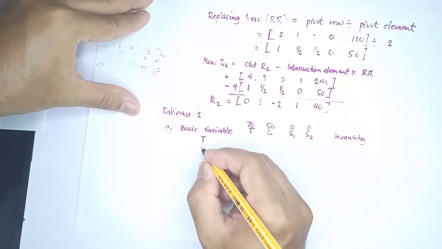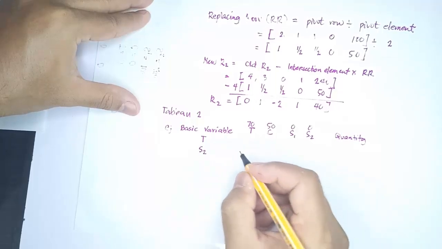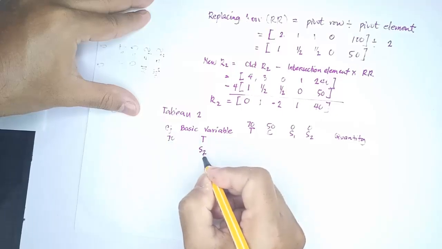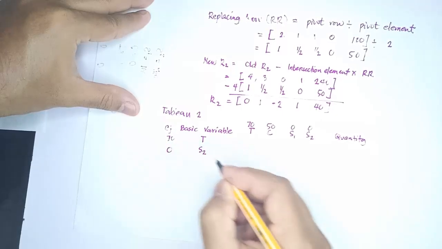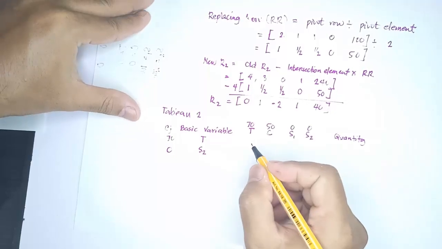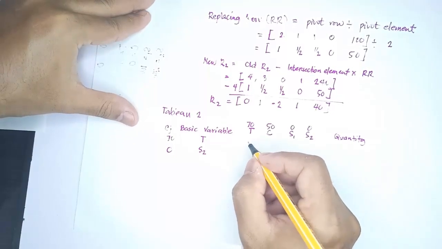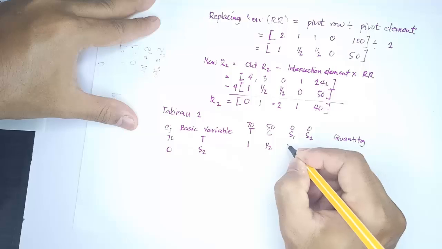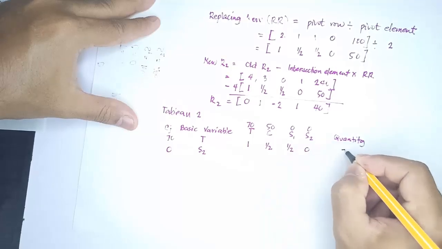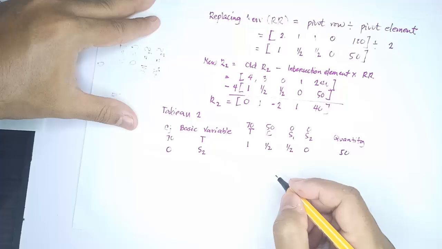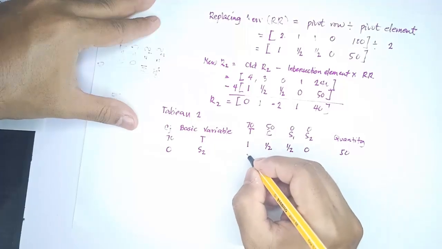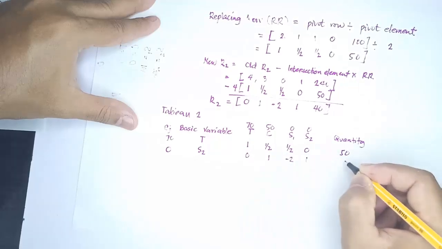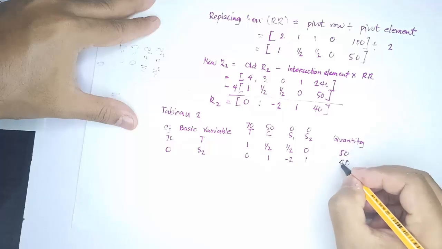The second basic variable is s2. The coefficient of t in the objective function is 70. The coefficient of s2 in the objective function is 0. The elements of row 1, which is the replacing row, are 1, 1 half, 1 half, 0, 50. For the second row, the new R2, the elements are 0, 1, negative 2, 1, and 40.